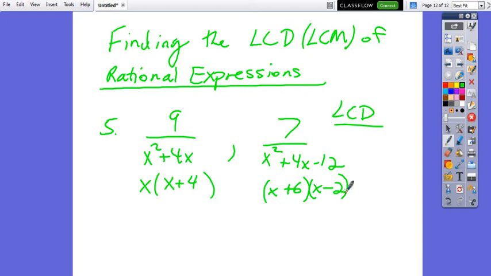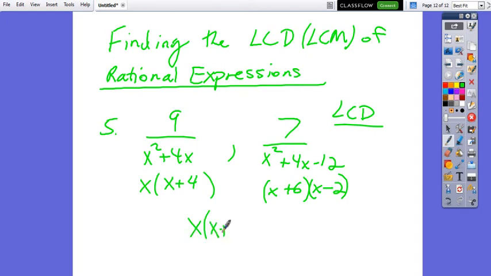So now it's factored. Now, to find my least common denominator, I take a look at each individual factor from both denominators. First, I see I have an x here. There's no x over here. But the rule is you take the x down because that one x is the highest occurrence of x. So you have to write it one time. All right, x plus 4. There's not an x plus 4 over here, but I bring it down because it appears.